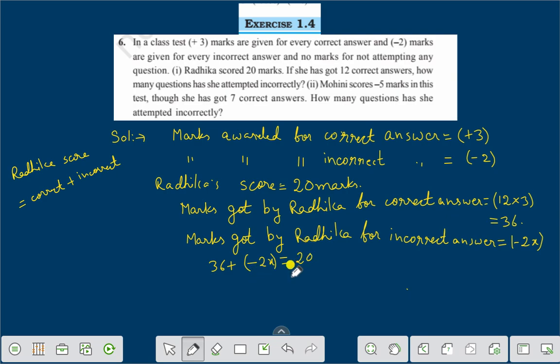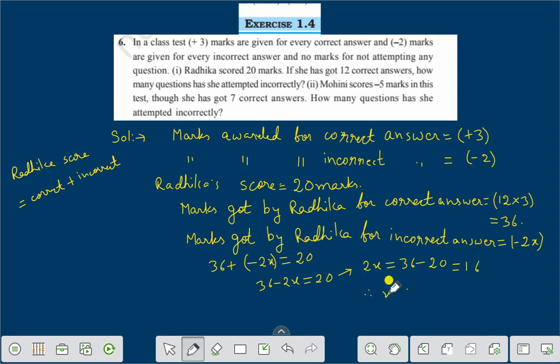Right? Now you are getting 36 plus minus 2x is equal to 20. Or you can represent it as 2x is equal to 36 minus 20, that comes to 16.